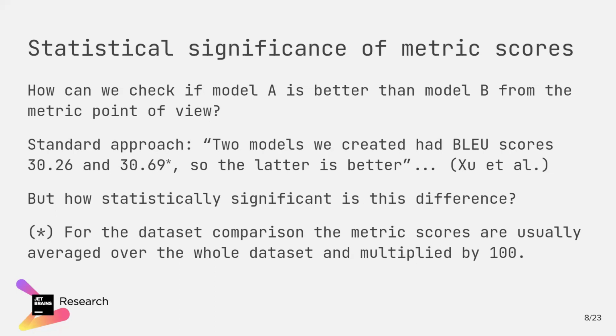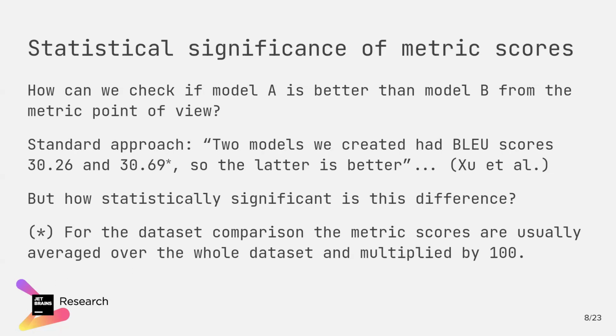But it is not really clear how the difference in the metric score can be translated into a statistical statement. The standard approach is quite literally: two models we created had BLEU scores 30.26 and 30.69, so the latter is better. I need to note that for dataset comparisons, the metric scores are usually multiplied by 100.